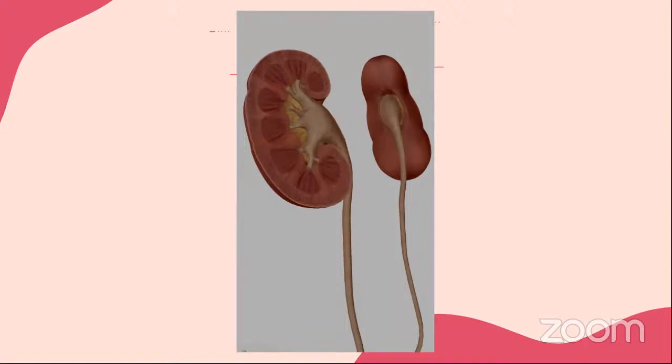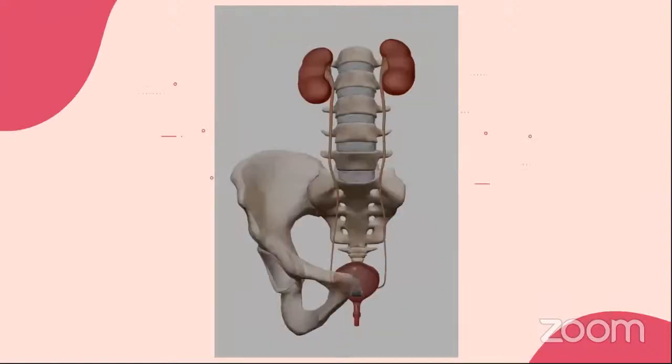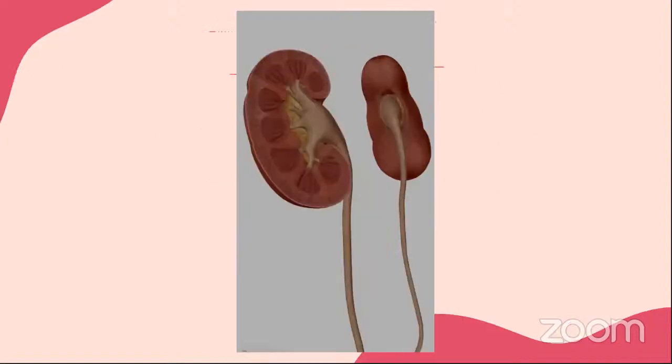They are located, like I said, on each side of the vertebral column, and they are protected by the ribs, and they are not attached so much to anything. That's why punching the kidneys in boxing is not allowed. The kidneys have two layers, two structures.